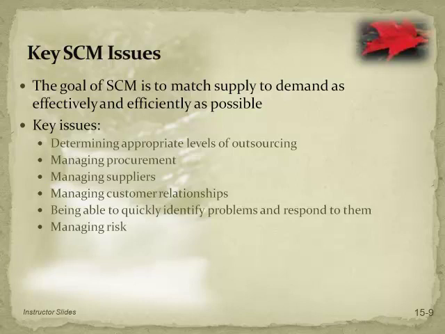They're asking another company to do that for them. So outsourcing has been a major trend that's been going on for quite a long time, and it will continue to take place. Other decisions are our procurement processes, managing our suppliers, and also managing relationships with our customers.